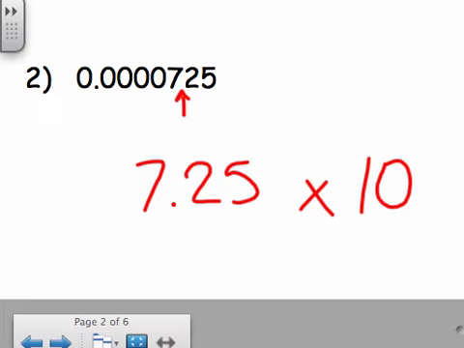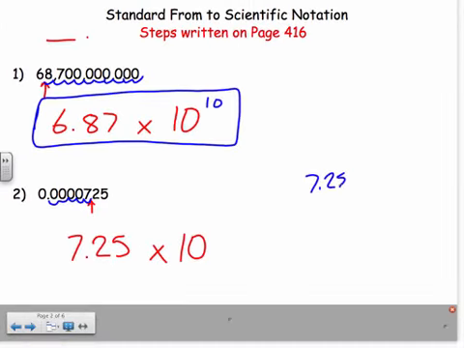How much did my decimal move here? 1, 2, 3, 4, 5. So is it going to be 10 to the 5th power? If I think about that, that means I'm moving my decimal right, correct? So I would go 7.25, 1, 2, 3, 4, 5.